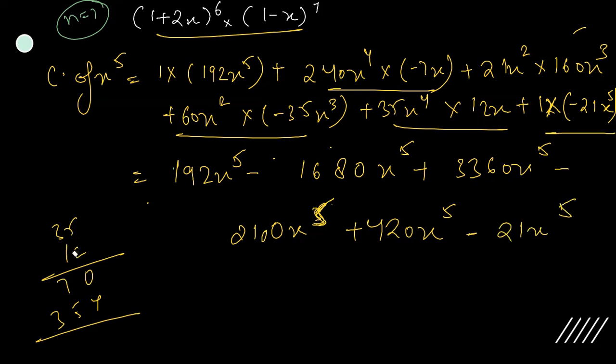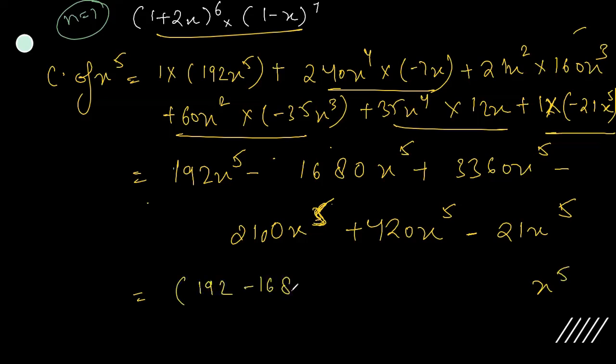Now what do you have to do? Every term has x raised to the power 5, so I'm taking x raised to the power 5 common. So it is 192 plus 3360 minus 2100 plus 420 minus 21, times x raised to the power 5. Now let me solve this one. I'm just taking the positive terms first, then I will take the negative terms.